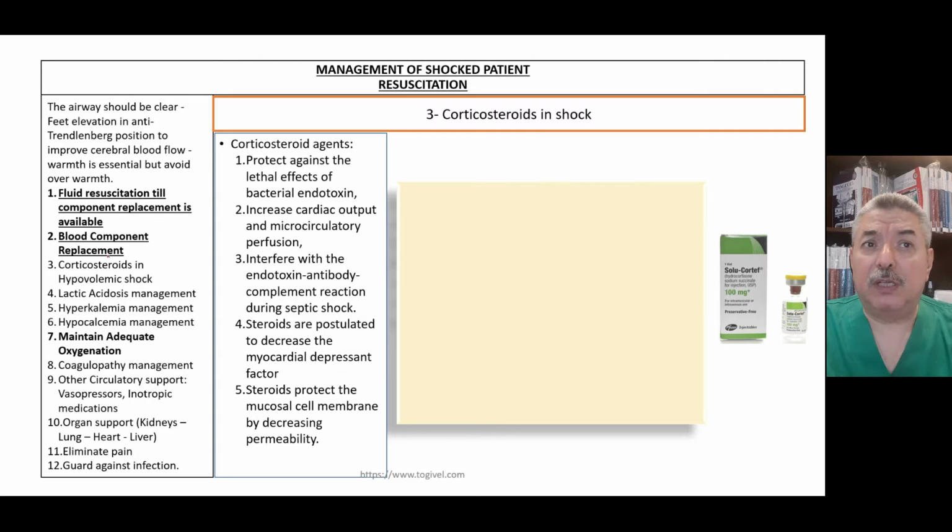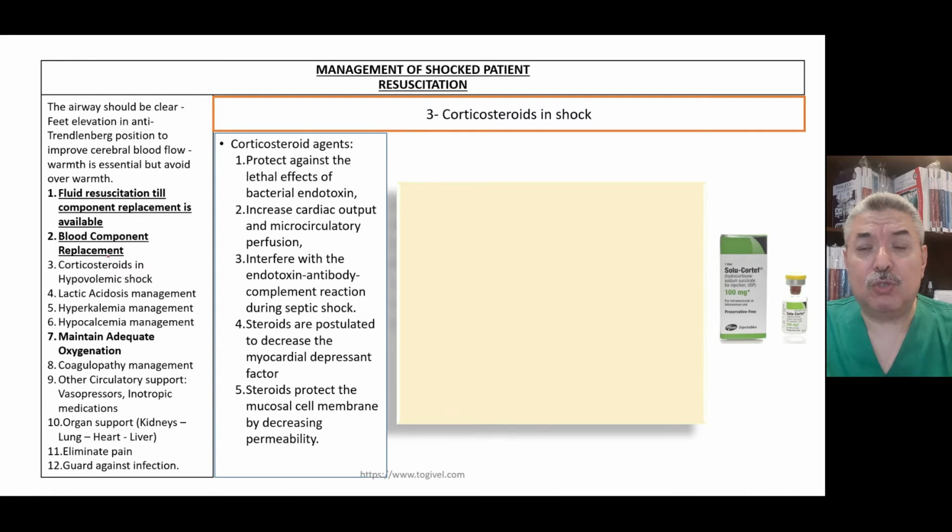They increase the cardiac output and microcirculatory perfusion, which we know very little about. They interfere with endotoxin antibody complement reaction during sepsis, which is very important in septic shock. And they may decrease the myocardial depression, so they allow the myocardium to work more efficiently, and protect the mucosal membrane and decrease the permeability.